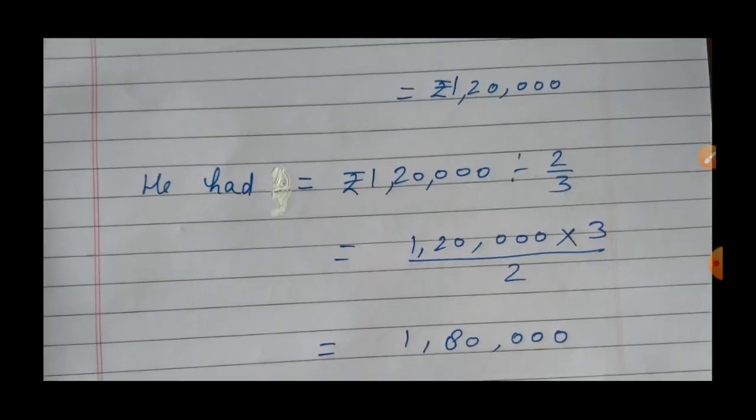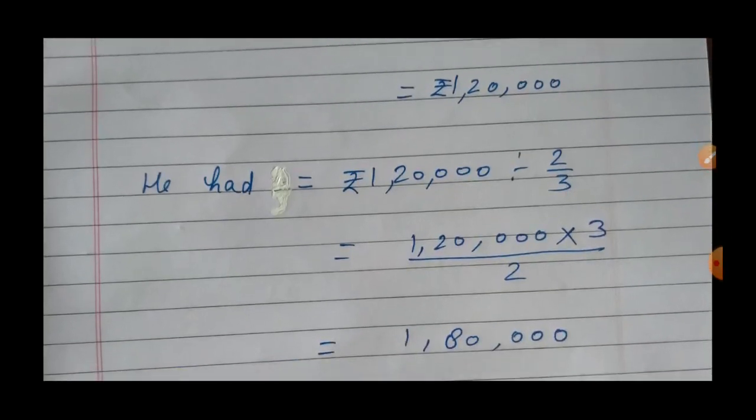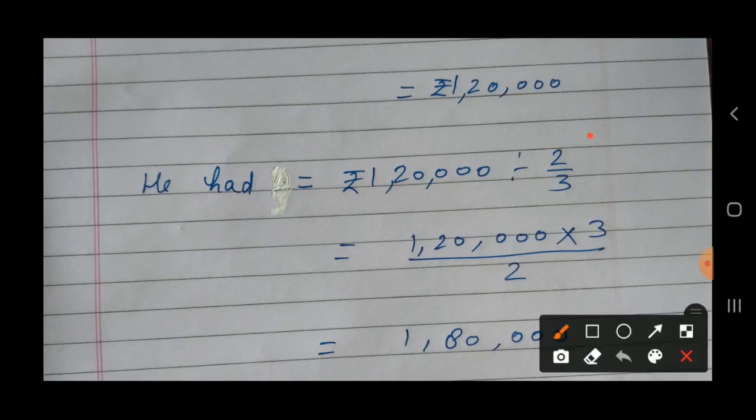Now to find out what he had, we will divide this money, 1,20,000, by 2 upon 3. To solve this we will find the reciprocal of 2 upon 3, that is 3 upon 2, and multiply it with 1,20,000.